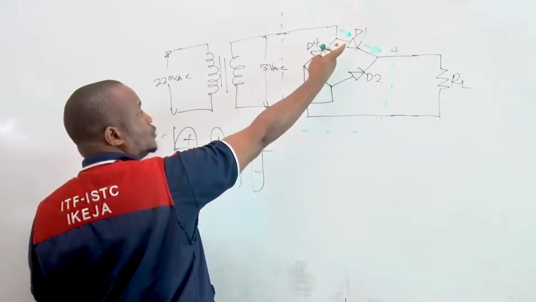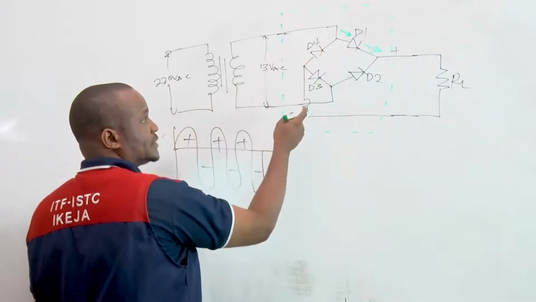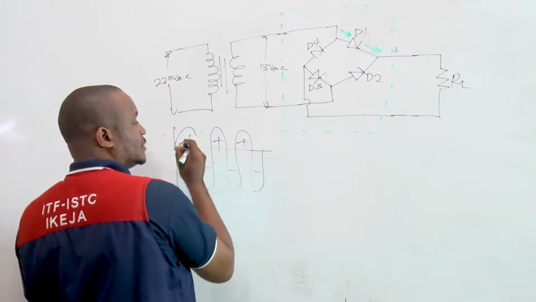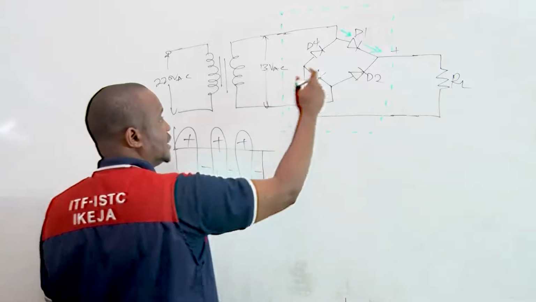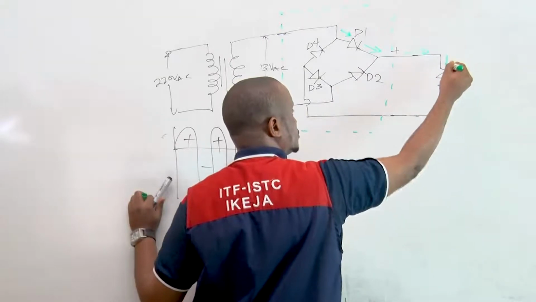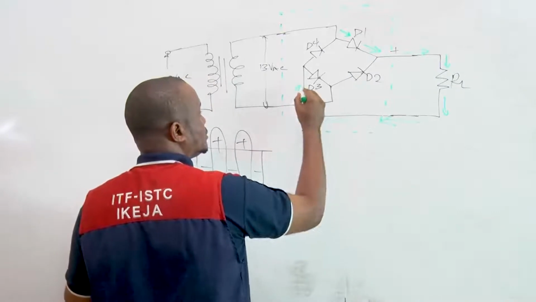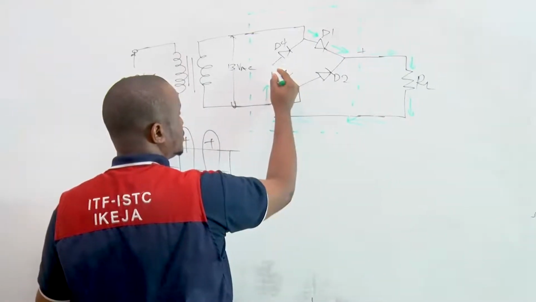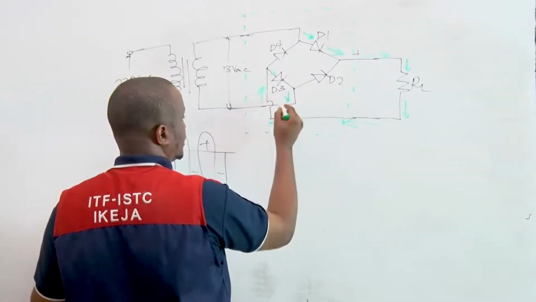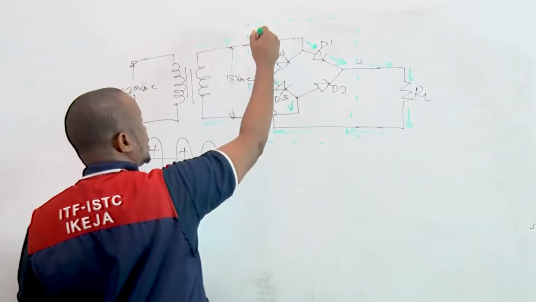When the current wants to flow into D4, it will not go through D4 because it will be reverse biased. So because we have the positive going in at the positive half cycle, it flows from positive to negative, and then through the load, goes through this path, and then comes through this way, and then flows back to the transformer, and the cycle repeats itself.